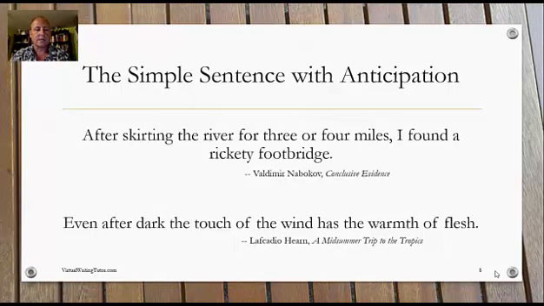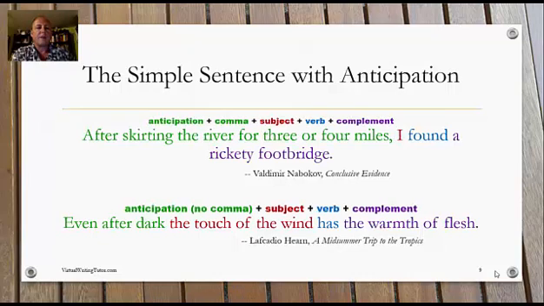In the next sentence, our next example, the comma is missing. Even after dark, the touch of the wind has the warmth of flesh. Let's do a bit of analysis here. I've put the anticipation in green, and you'll notice in the first sentence it continues all the way up to the comma.